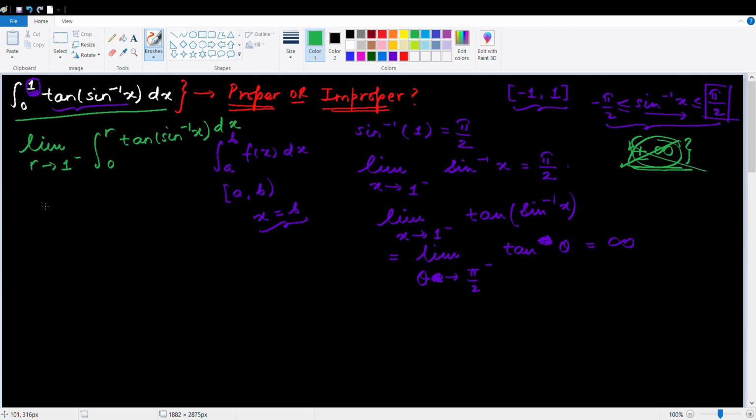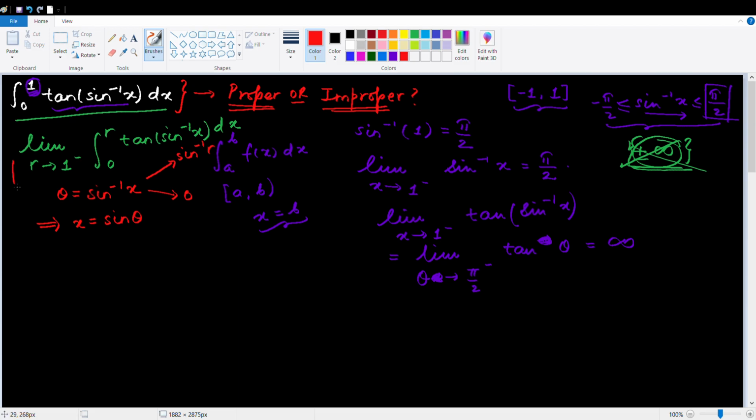Now let's see. To evaluate this integral, let me use the substitution theta equals sine inverse x, which would mean x equals sine theta, and for 0 we get sine inverse 0, which is equal to 0, and for r we get sine inverse r.